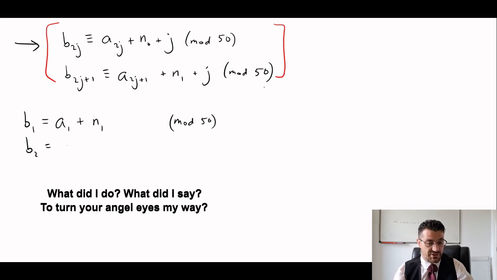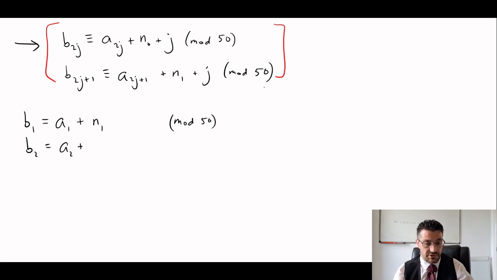So this is going to be A2 plus n sub 0 plus 1. Oh, I've actually missed off the most important bit here. So the first one is going to be equal to 35.